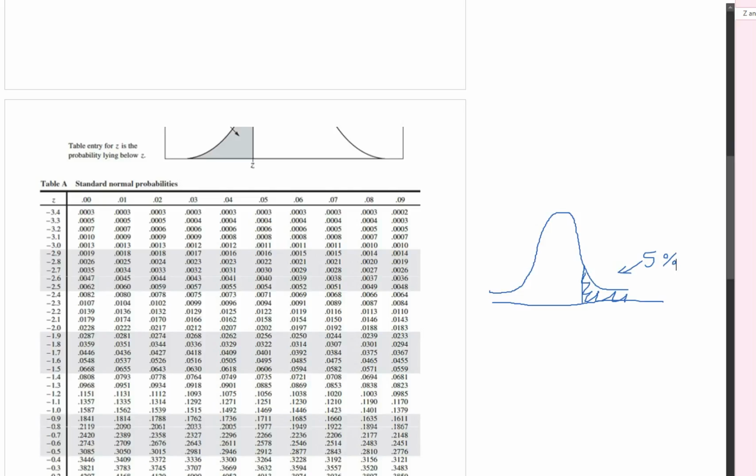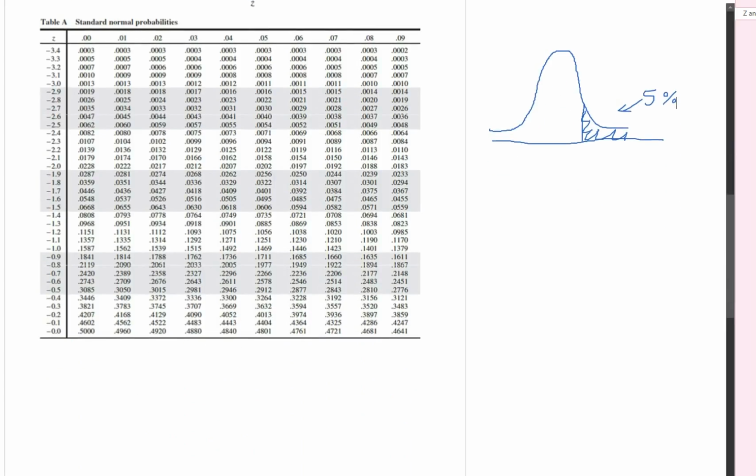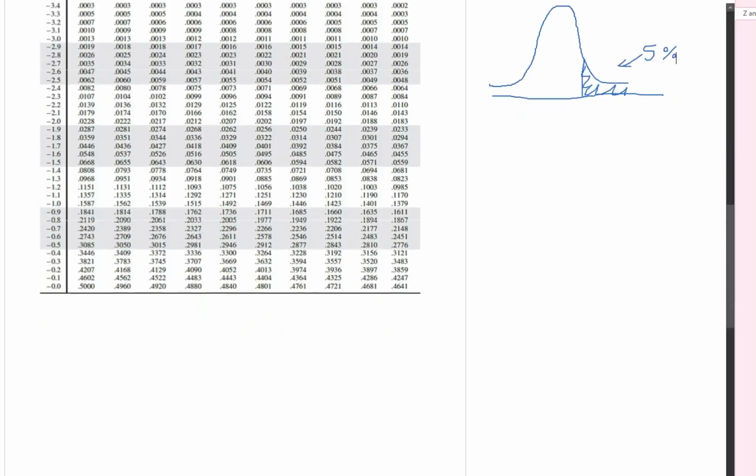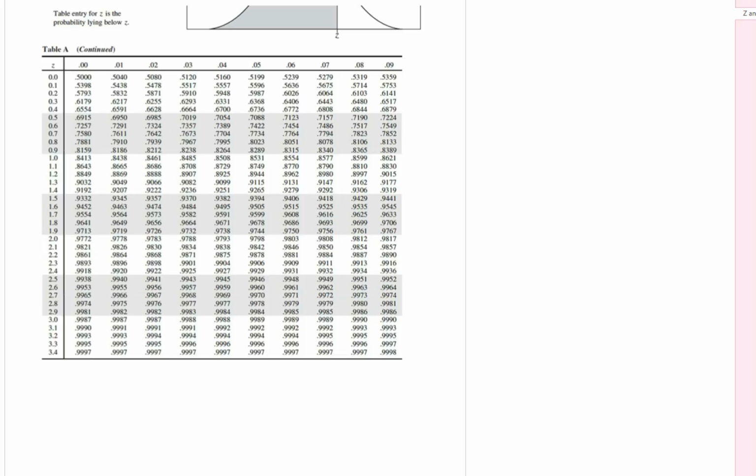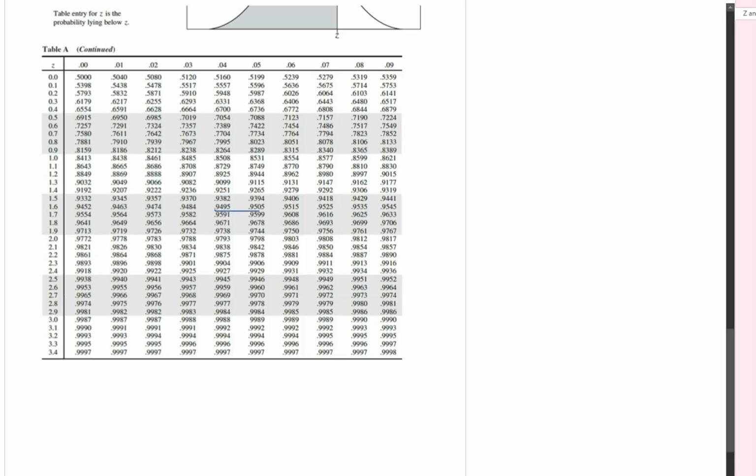So if the table is referring to below, then we need, of course, to look for 95% within it, which I don't see here. I see it down here somewhere. Let's see if we can find it. So let me go back to my drawing tool. 95%, where's the closest thing? I think it's between this one and this one.